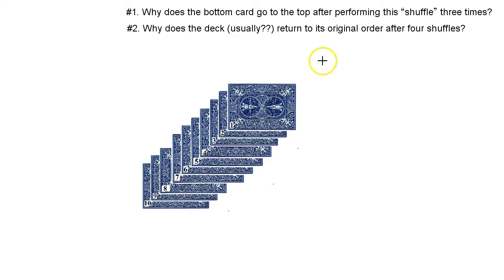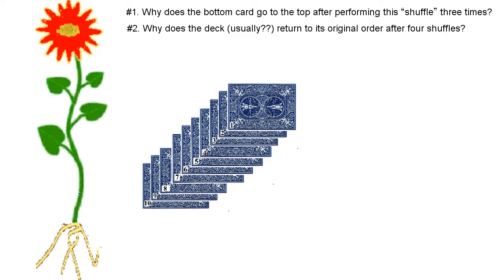And to do this, what we have to do is imagine this deck right here is actually a flower. So there's our flower. So the idea is that in the flower, there's sort of 3 parts to the flower. So there's the part that's underground, there's the roots, then there's the long green stem, and then there's the flowery petals at the top.